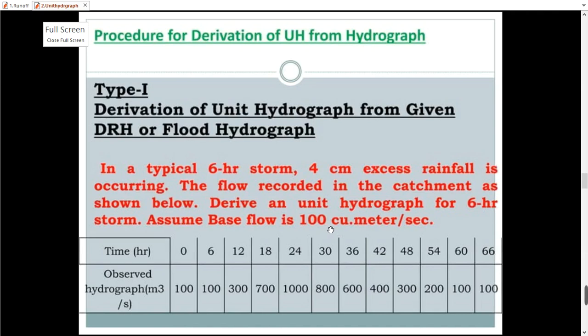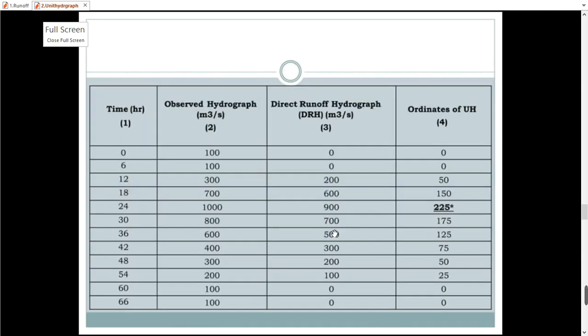Base flow is 100. Sorry. You add the 100 plus base flow 100 to 100, right?